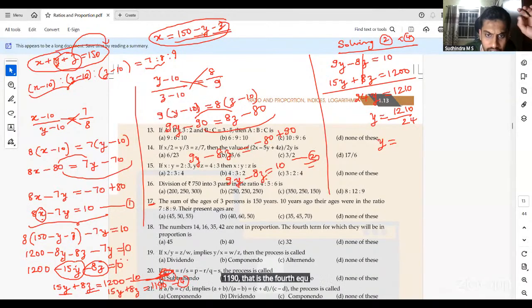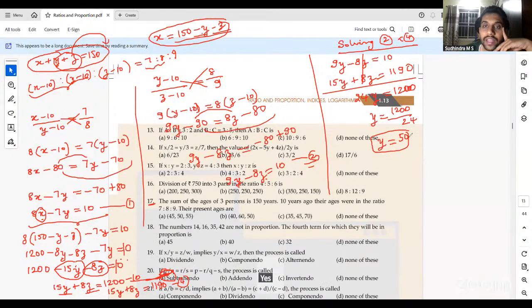I'll correct it. Did we get it, everyone? Clear, Faiza? So 24y equals 1200, and 1200 divided by 24 gives y as 50.